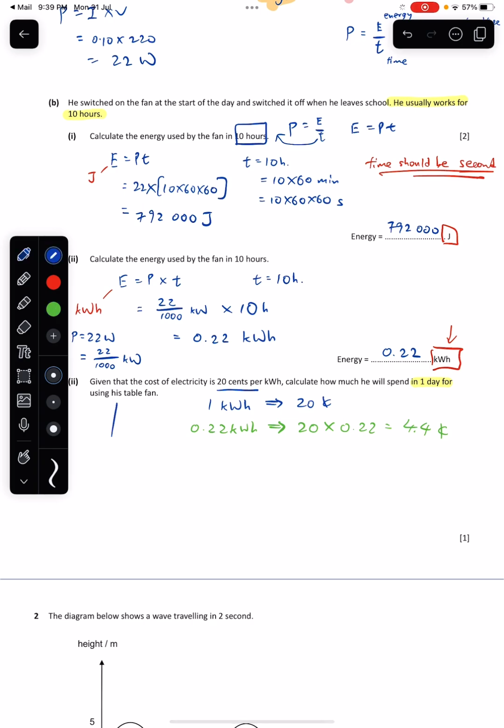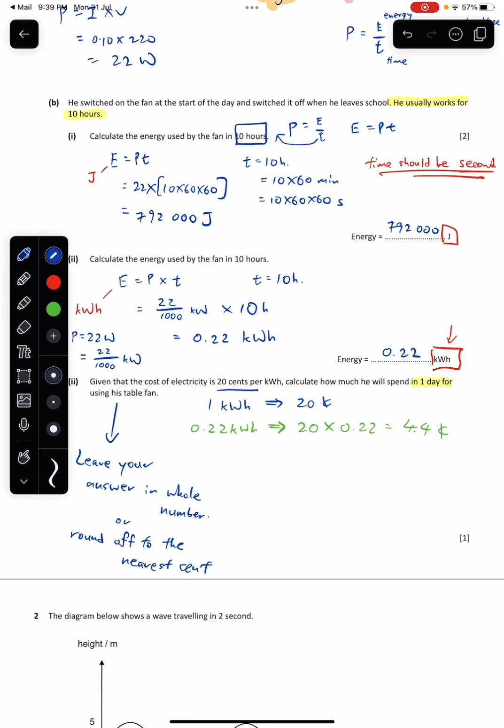Okay, so the question will also tell you, so now I add on, leave your answer in whole number, or round off to the nearest cent.